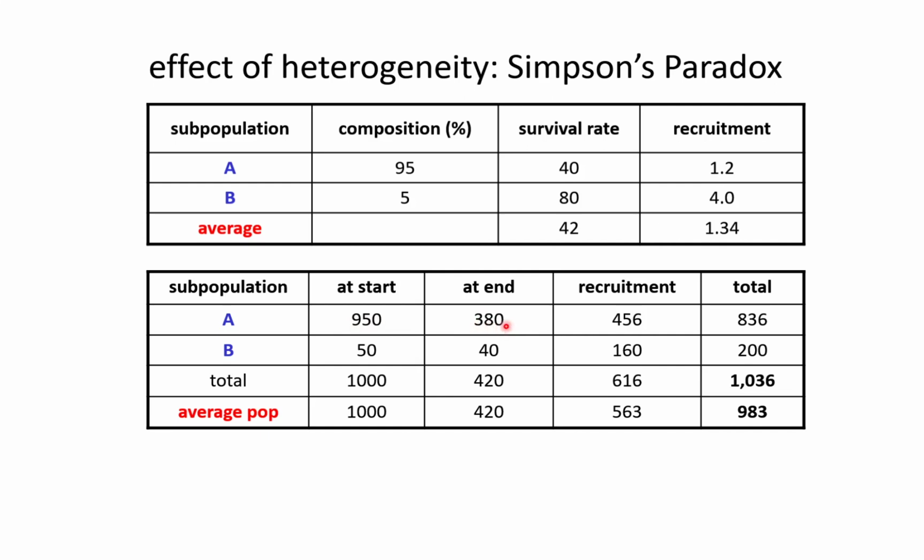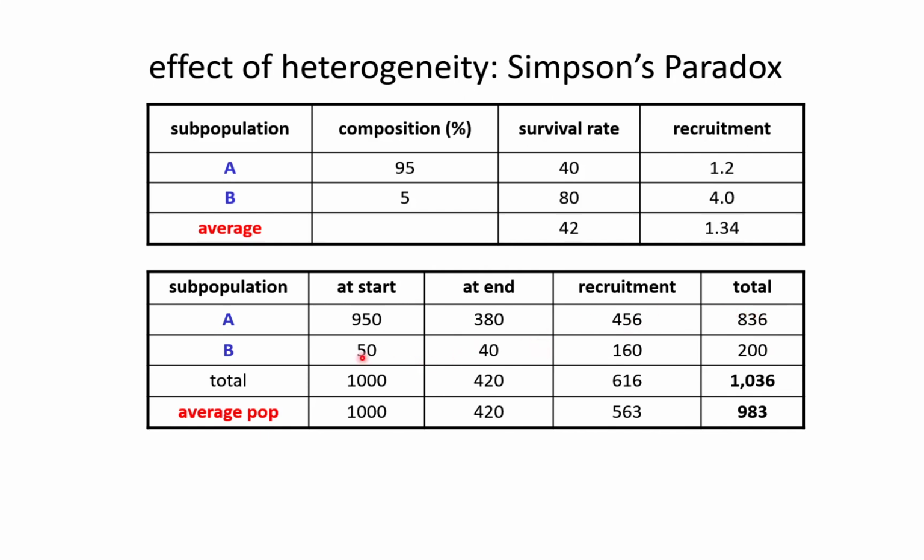Of those 380, because a type A individual makes 1.2 babies, 380 times 1.2 is 456 individuals. Okay, so 380, the number that survived, plus the number of babies that they make, 456, is 836 total individuals that are type A at the end of one time interval.